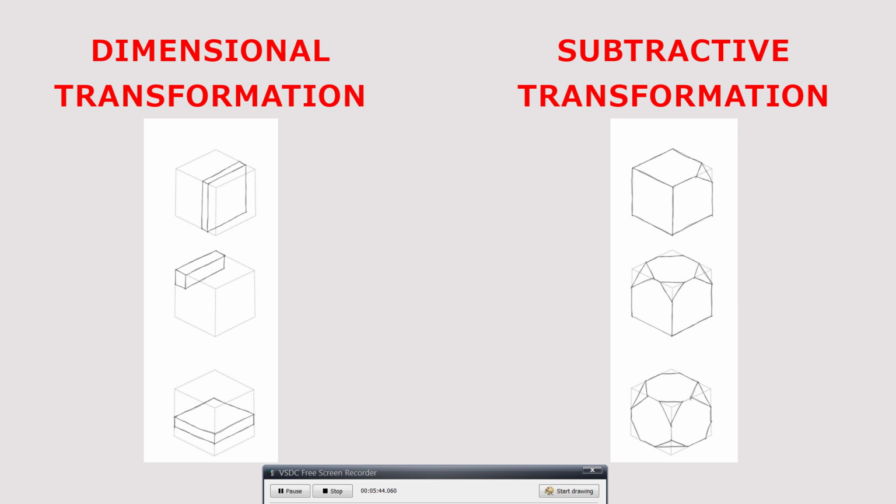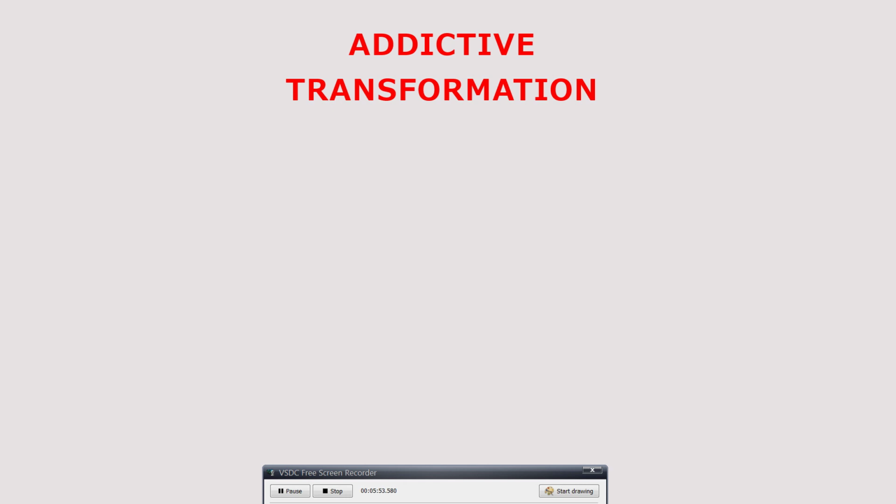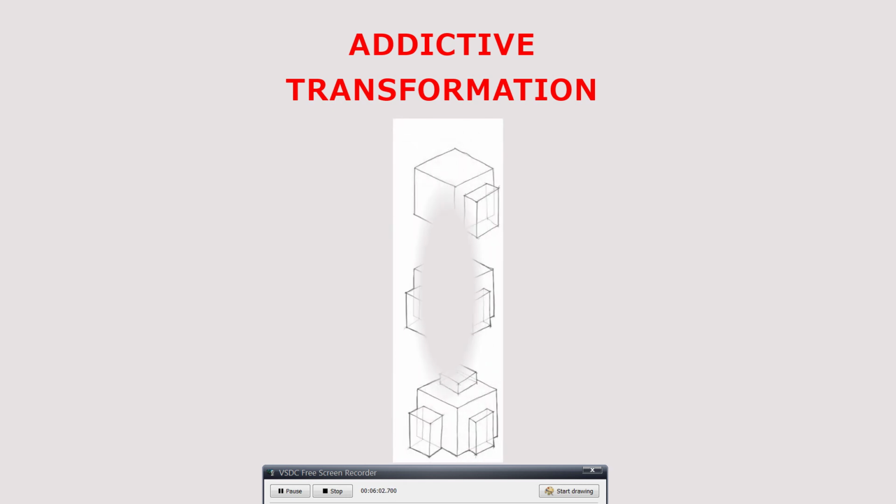Next naman is subtractive transformation. Ito yung nagbabawas ka naman. And then, like what I've said kanina, cube. Tinatapyasan mo naman ngayon. Subtractive. The word itself, subtract. Okay? Next is the additive transformation. Ito naman yung nagdadagdag ka.